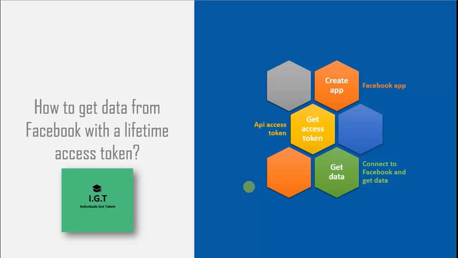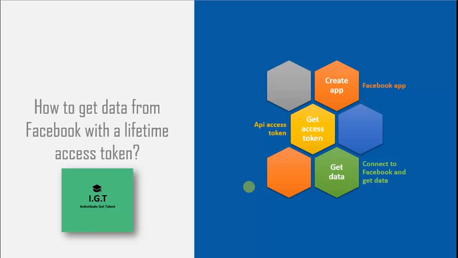So in this particular video, I'll be covering how to get data from Facebook, that too with a lifetime access token. The current process where you get the access token is limited to 60 minutes. That means the access token that you get from the current process will expire after 60 minutes.